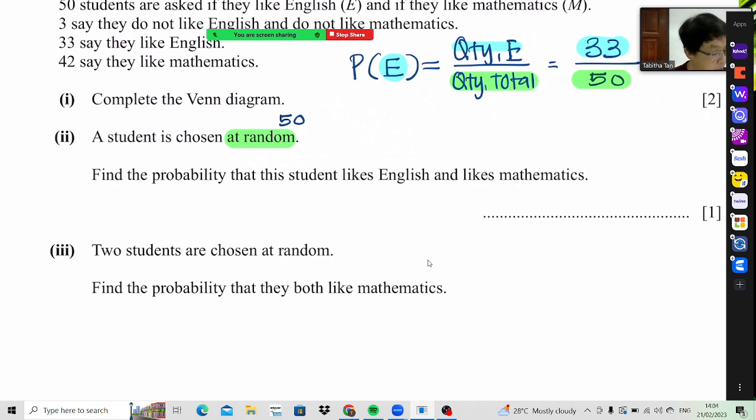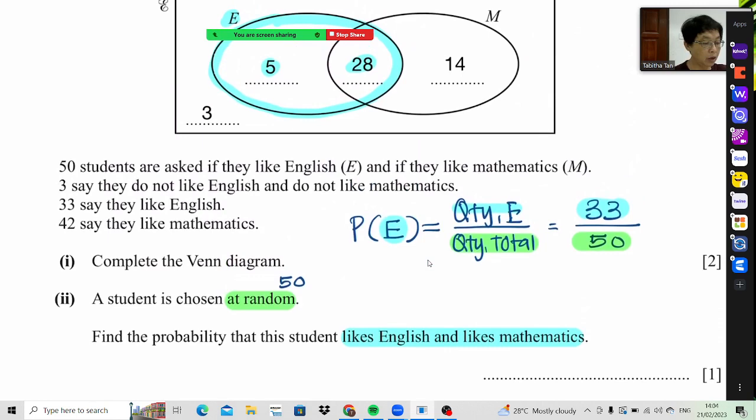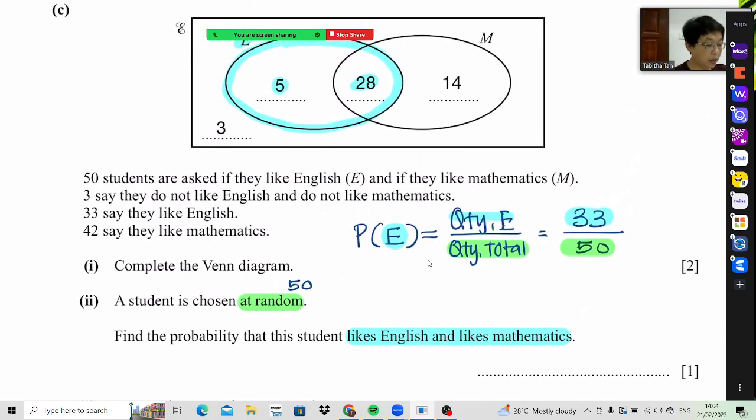Find the probability that this student likes English and likes maths. In other words, we go up to the information: how many students like English and maths? It comes within this group only.